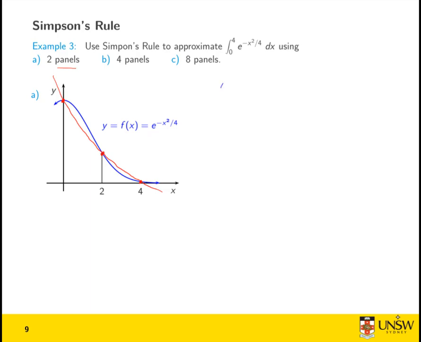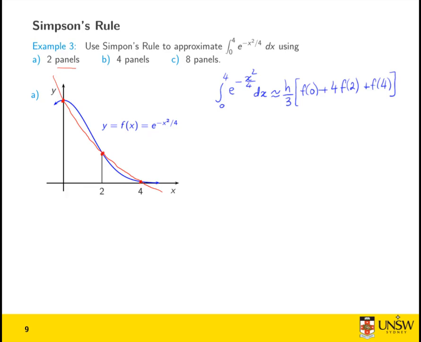Let's write this. The integral between 0 and 4 of exponential of minus x squared on 4 dx, so that's the area under the blue curve, is roughly equal to the area under the parabola, which turns out to be, that's Simpson's rule, h on 3, so f of your first point, so your f of a here, a is 0, plus 4 times f of the midpoint of my interval is 2, plus f of the right-hand point, f of 4.